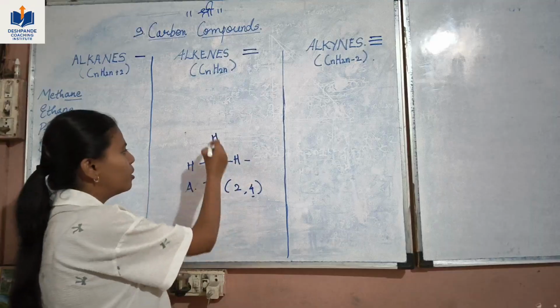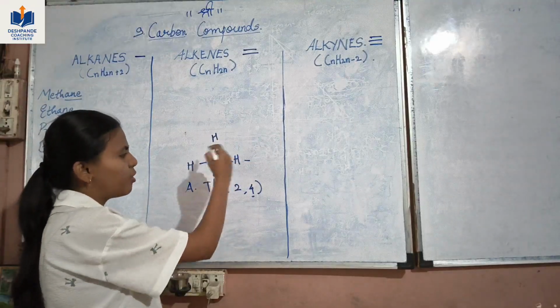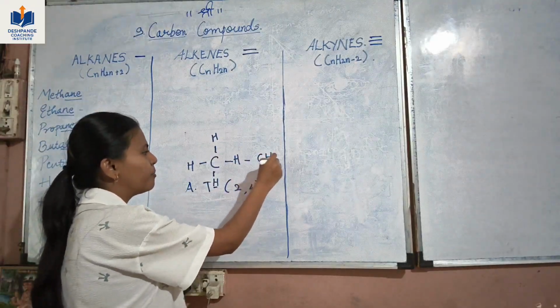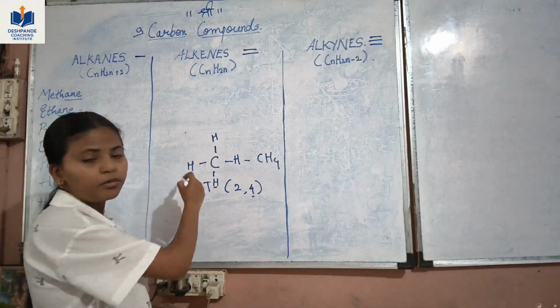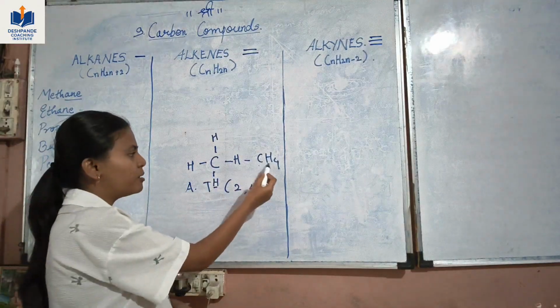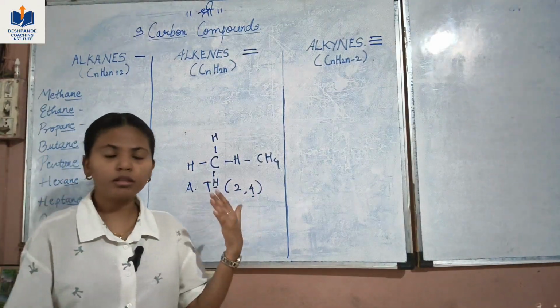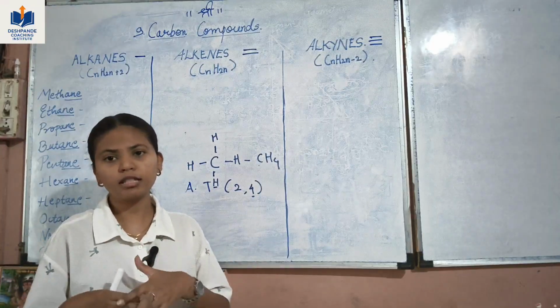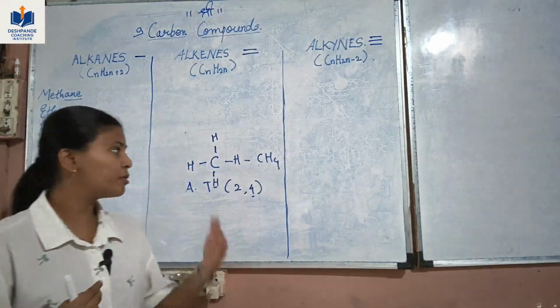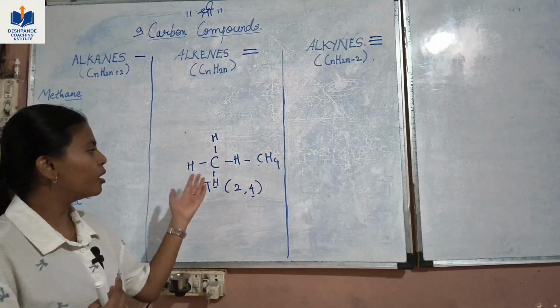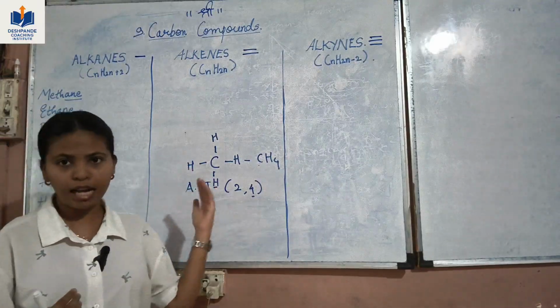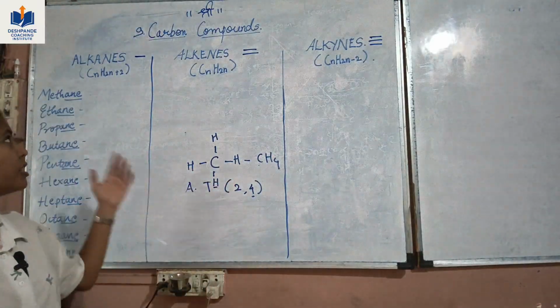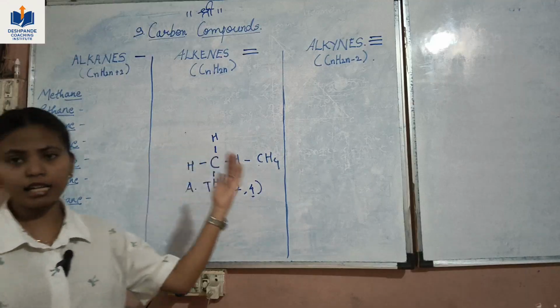And that's how the compound CH4 is formed: 1 carbon atom with 4 hydrogen atoms. The carbon atom is very reactive as it has only 4 electrons in the outer orbit, so it forms various compounds with hydrogen, and these are classified under alkanes, alkenes and alkynes.